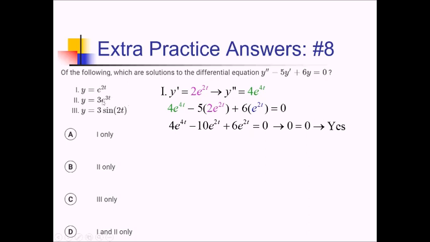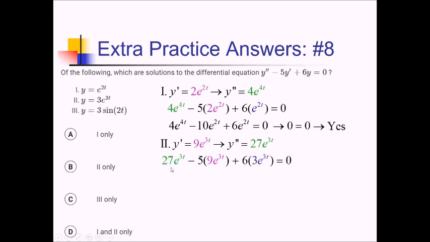So y prime for this one is going to be 9e to the 3t. And then y double prime, we've got 27e to the 3t, using the chain rule this whole time. Plugging all that into our differential equation, that's 27e to the 3t minus 5 times 9e to the 3t plus 6 times the original, which was 3e to the 3t.